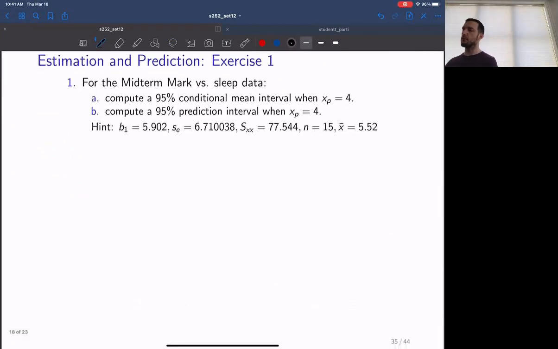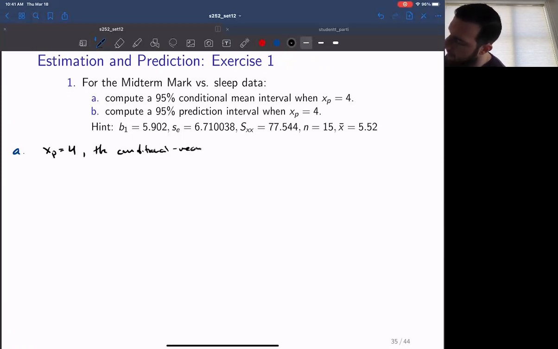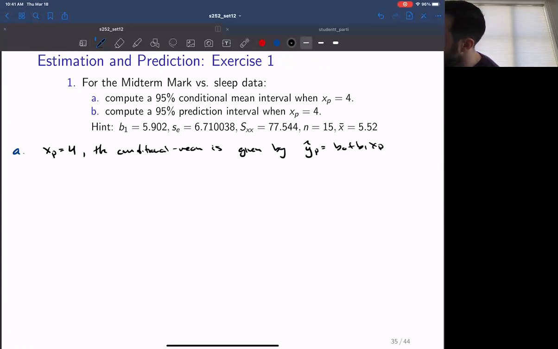Okay, so let's look at a couple of examples of computing these intervals. So in part A, we want to compute the conditional mean interval when xp is equal to 4. Okay, so we have little xp equals 4. The conditional mean is given by y hat p is equal to b0 plus b1 xp.